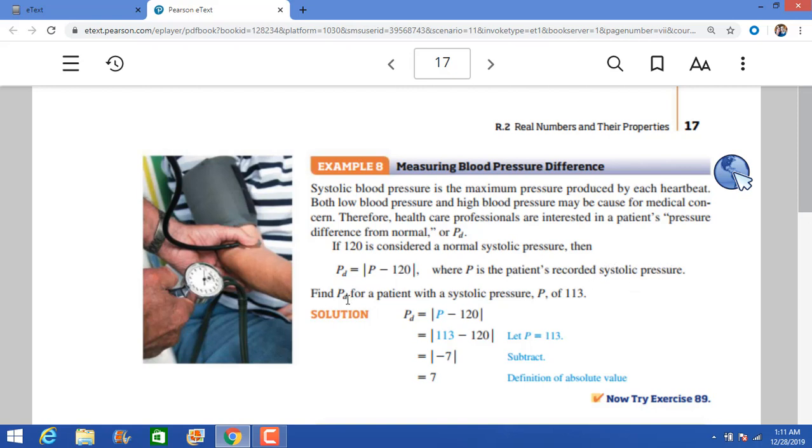So find the pressure difference for a patient with a systolic pressure P of 113. All we do is plug and chug. So we're going to put 113 in here. 113 minus 120 is going to be negative 7. The absolute value of negative 7 is going to be positive 7. So the pressure difference is going to be 7.